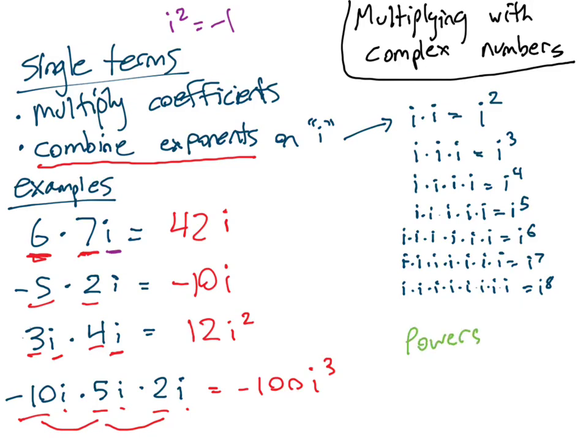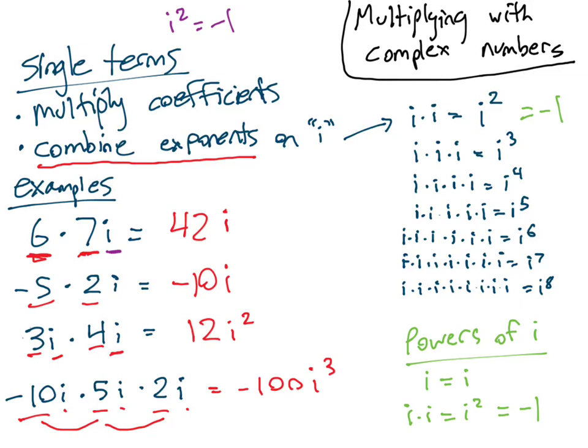We can simplify some of these powers of i to write them as numbers. i by itself cannot be simplified any further because it is the imaginary unit. It's the basis of all the imaginary numbers, just like the number 1 cannot be simplified. But i times i, or i squared, that is defined to equal -1.